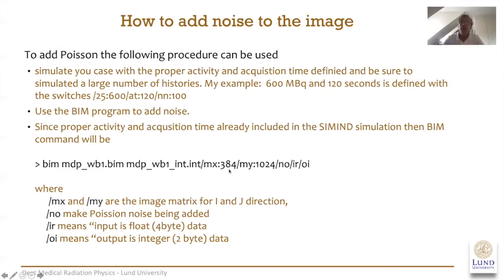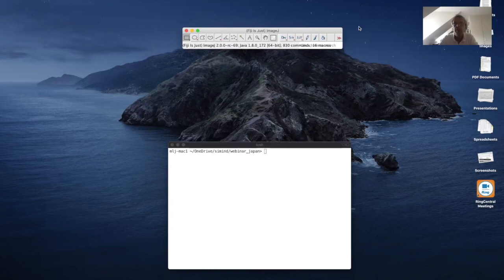In my example here, I have this large whole body matrix 128 times 384. You add a switch here, NO stands for noise. This means that the input is in real format or floating format, and the output should be in integer format here.